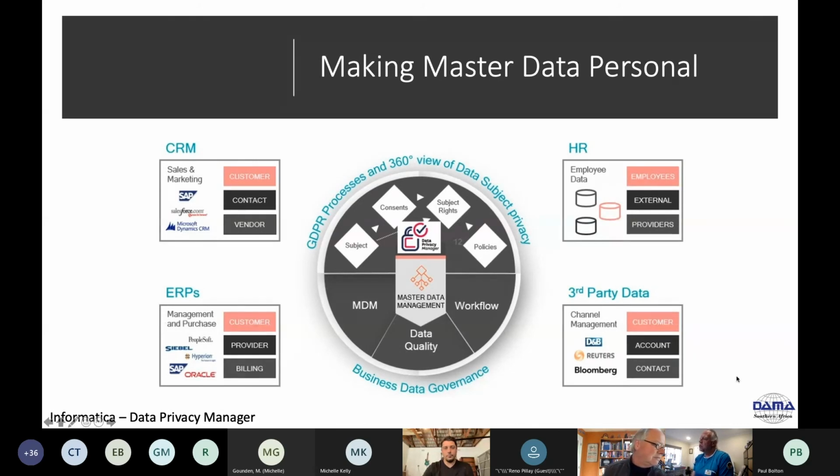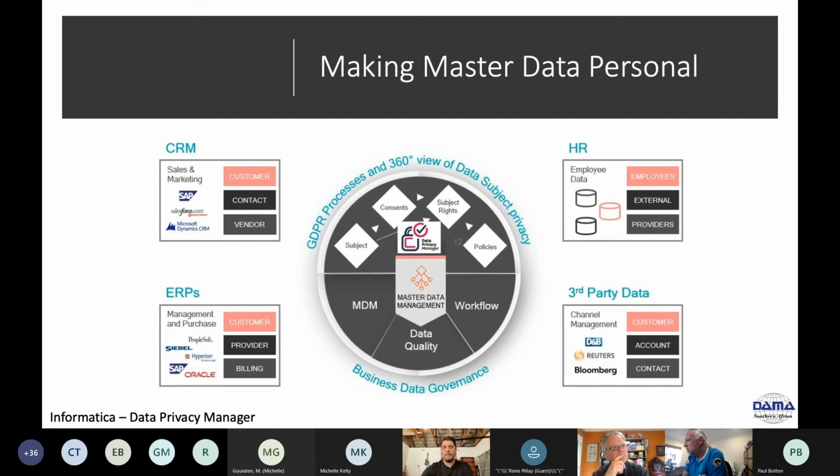And this was a really nice talk we had yesterday about how master data can help you in your data privacy engagement. Not that I want to talk much about this slide, but just to show you that the master data system in the middle will be fed with information coming from your CRM, your ERP, your human resources, and your third-party data.